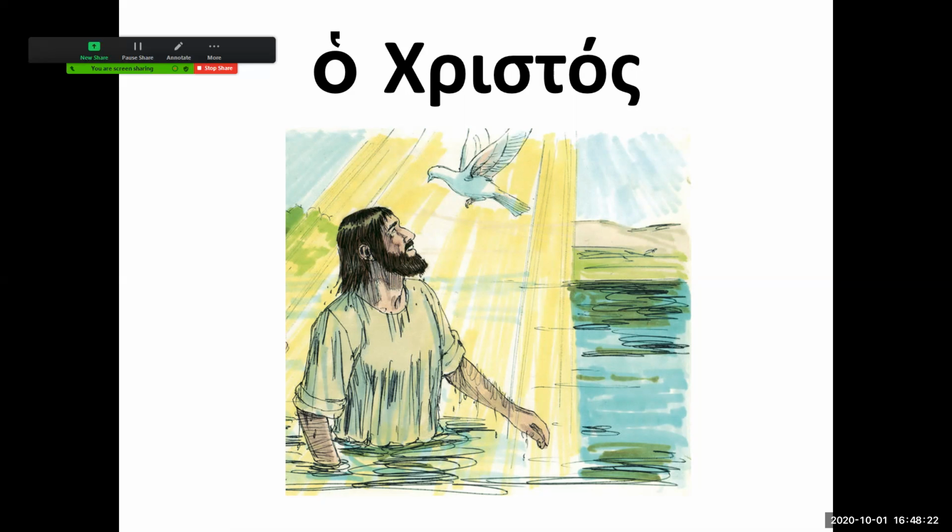Christos, the Christ. Now, the Christ does in the New Testament gradually become a proper name, the Lord Jesus Christ, but in many places it is referring to the Messiah that the Jews expected, a long-awaited anointed one by God. So you'll find it both a proper name and a title, an office that Jesus holds.